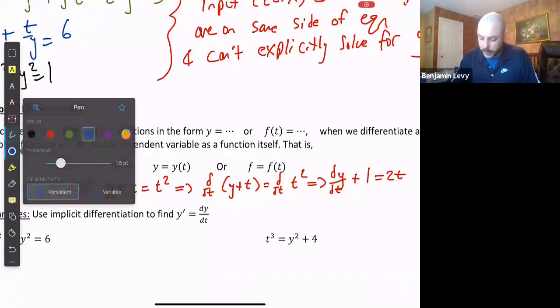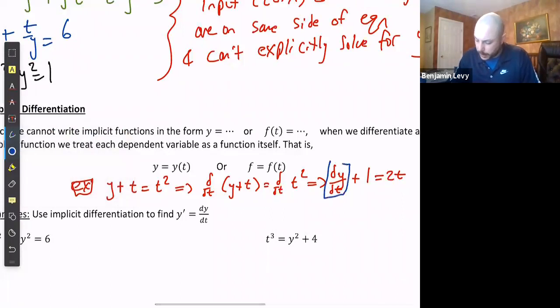And so this is the implicit part right here. This is y prime, right? Because y is a function of t, when we differentiate it with respect to t, it just becomes the derivative. We know there's a t in there somewhere. We don't know exactly what the explicit representation is, and so we're just going to write it as y prime.